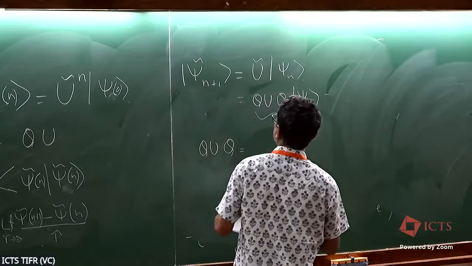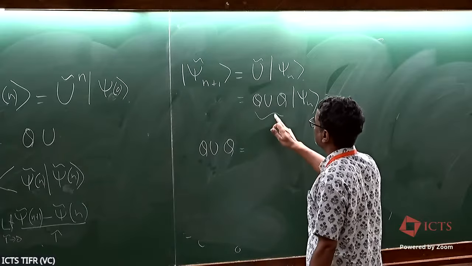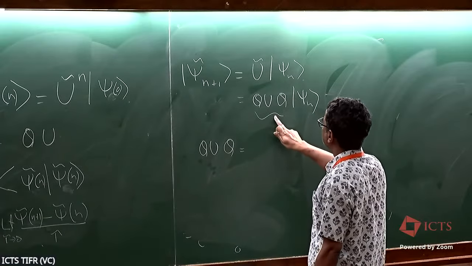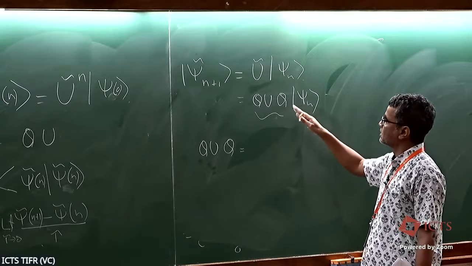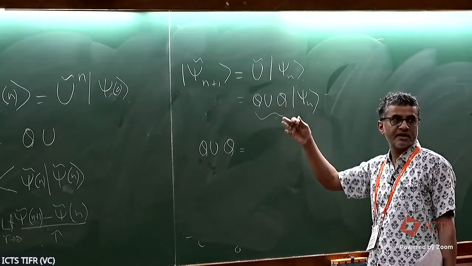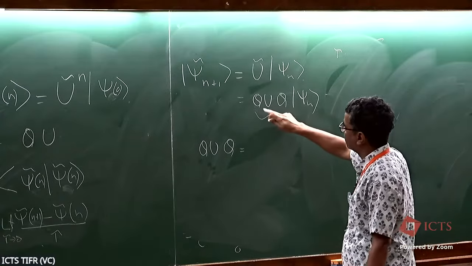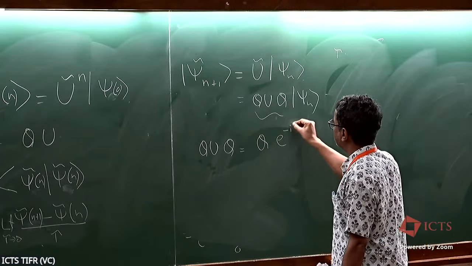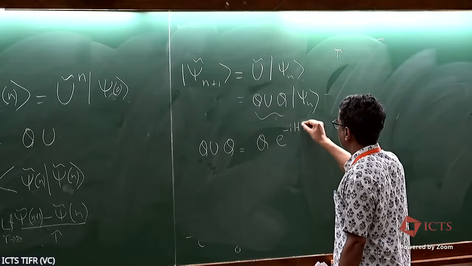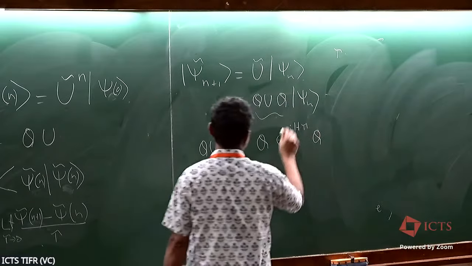What we want now is to do some expansion in time, in the small parameter tau, in one evolution. So this is given by Q e to the power minus i H tau Q. This is this object.